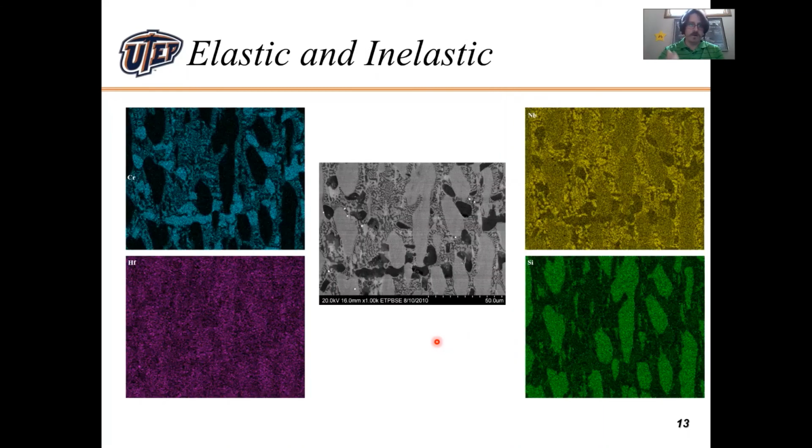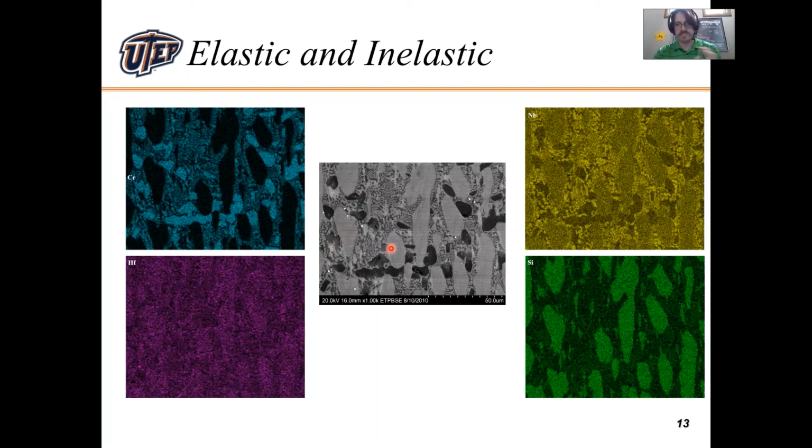Here's combining elastic and inelastic scattering. This is a backscatter electron micrograph. Backscatter electrons give us elemental contrast, and the brighter one is a higher Z number.